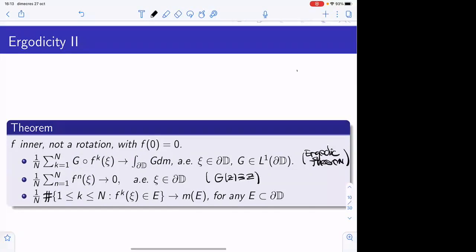At almost every point, remember that whenever you have an inner function, the function defined in the circle is only defined at almost every point. So you look at a point where this function and all the iterates are defined. And what you do here is you look at the orbit of this point, so you look at f of phi, f squared of phi.